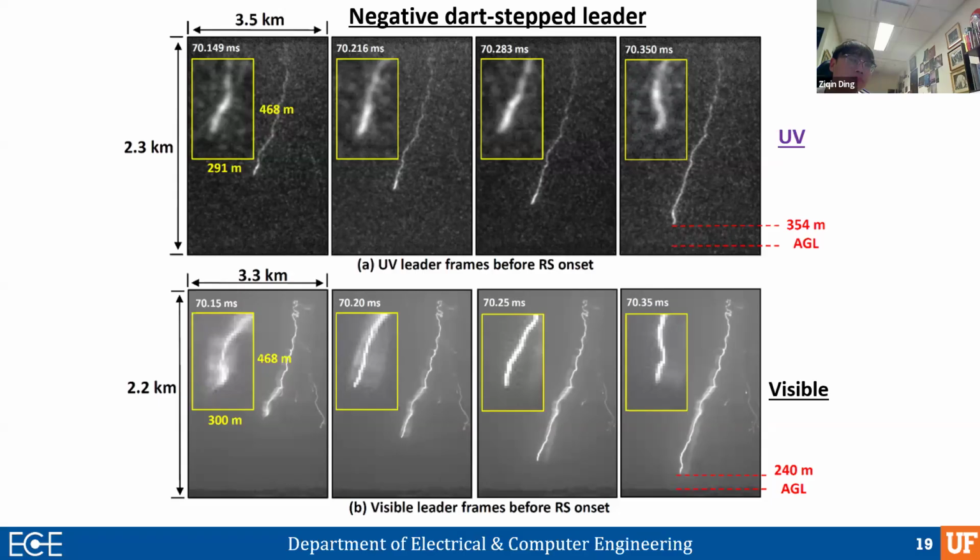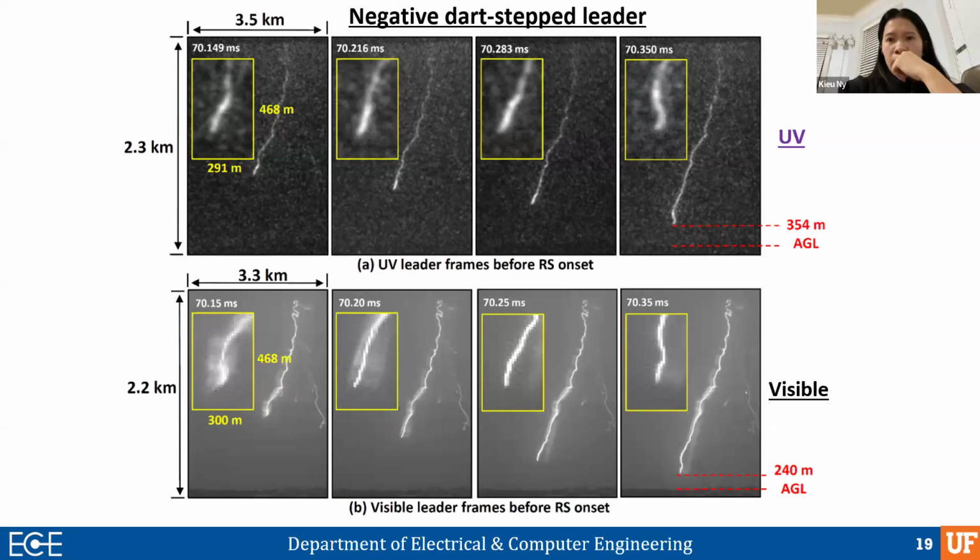Since the streamer generation rate in front of the positive leader is continuous, we have a higher chance of observing more streamer emissions in front of the positive leader within a similar time slot.